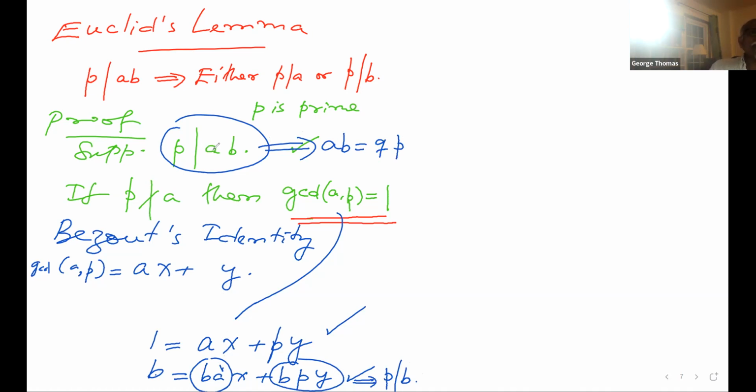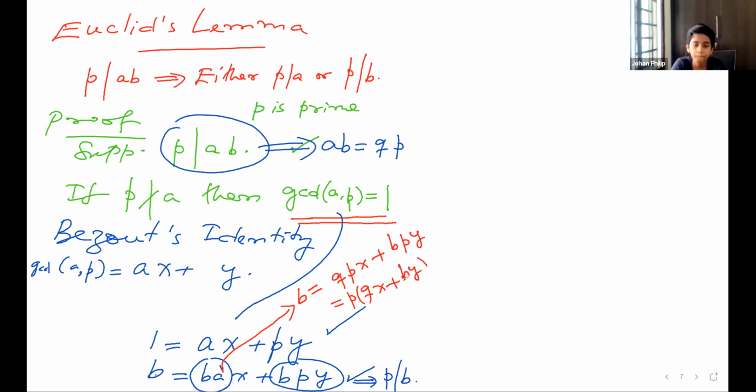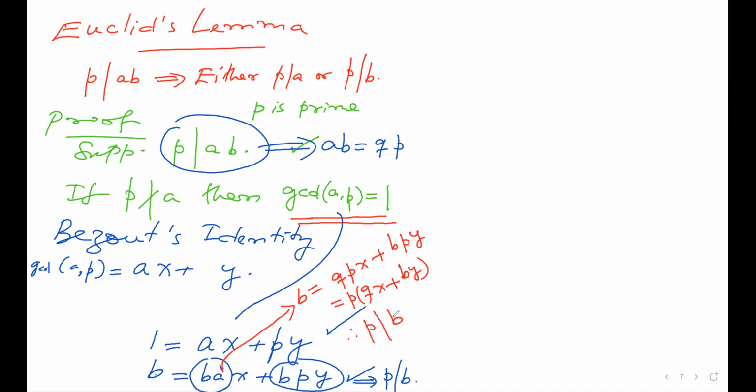P divides AB means AB is some Q times P. So you can write this as B equals Q times P times X plus B times P times Y, equals P times QX plus what? BY. Aha! B is a product of P and something. Therefore, P divides B. Yes, sir. Proof is done.